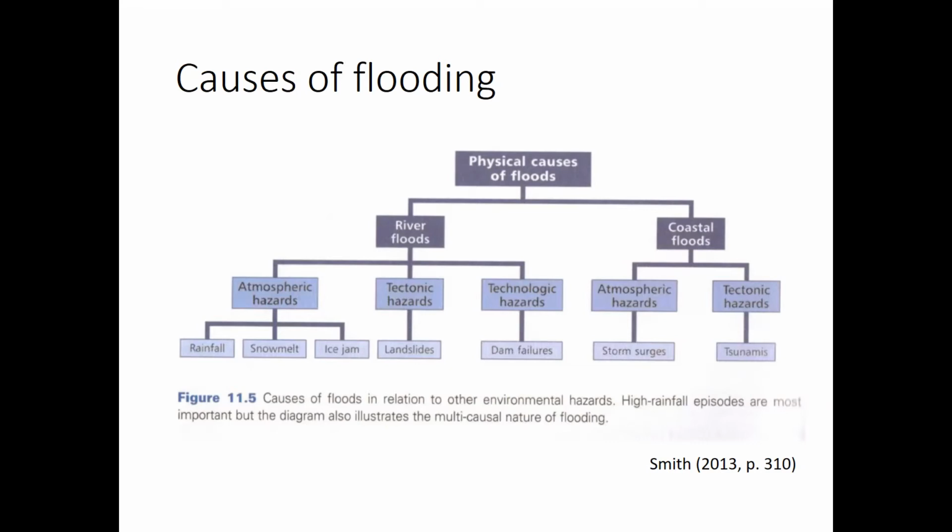And ice jams, again, something that Josh has mentioned already and not something we experience in our climate in the UK. We've mentioned tectonic hazards and landslides already, and touched upon technological hazards, so dam failures, whether that's as a consequence of a natural process, or whether it's through a construction or engineering failure, or some sort of human impact.